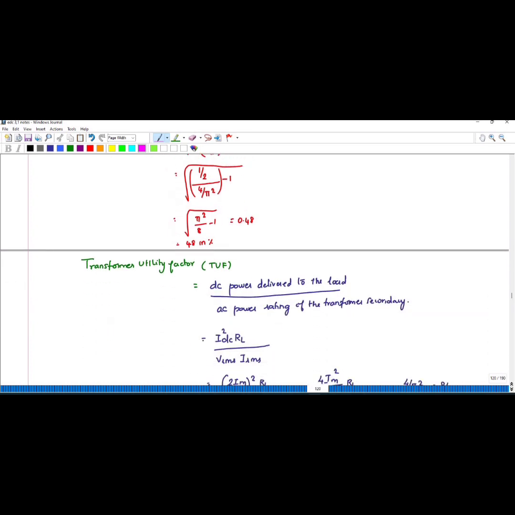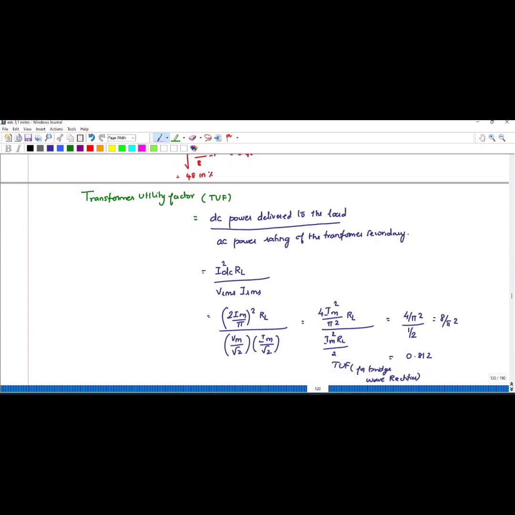Next, transformer utility factor. This is defined as the ratio of DC power delivered to the load to the AC power rating of the transformer secondary. First you have to find the value for the secondary and also for the primary.